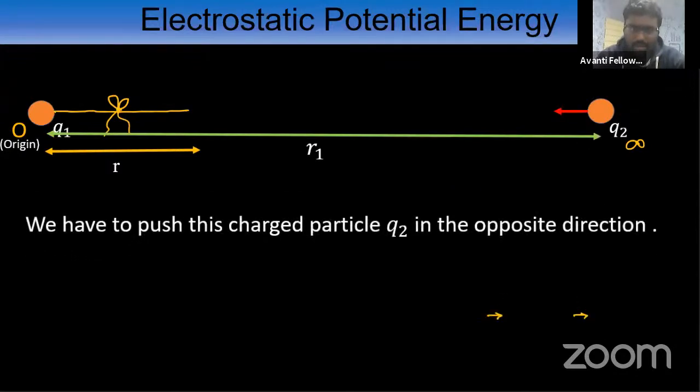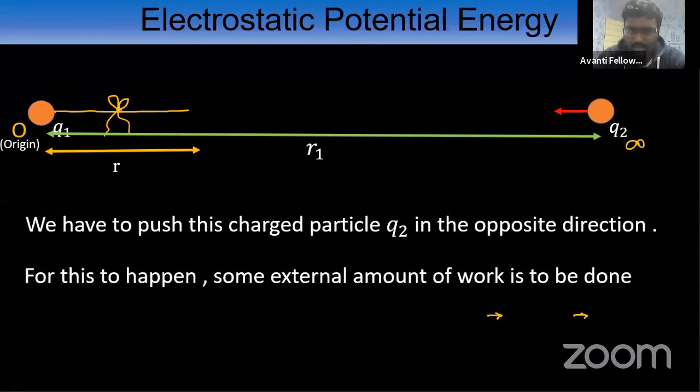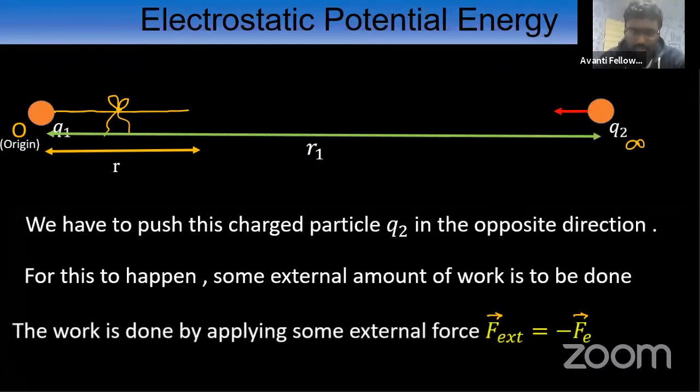We have to push this charged particle Q2 in the opposite direction. For this to happen, some external force or external work is to be done. Yes, correct, Bhargav. This external work is equal to the electrostatic force which it experiences already, and this is to be applied in the opposite direction.